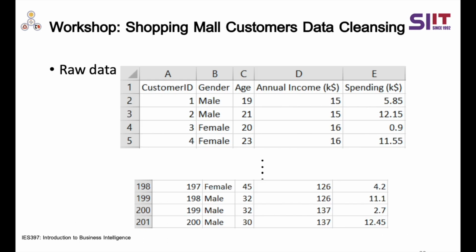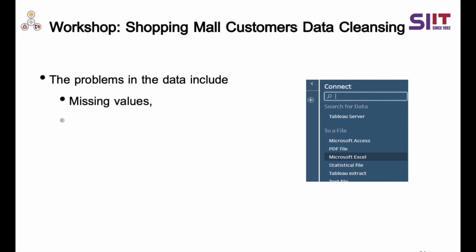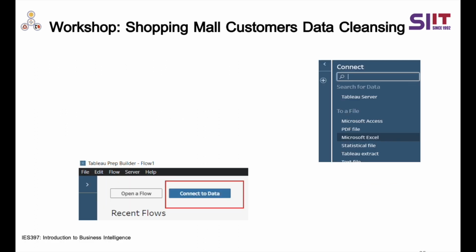And our data file is in Excel, so we can open the Excel and take a look, browse through the data. You will see that there are some problems, which include missing values, inconsistent data, and duplicated data.